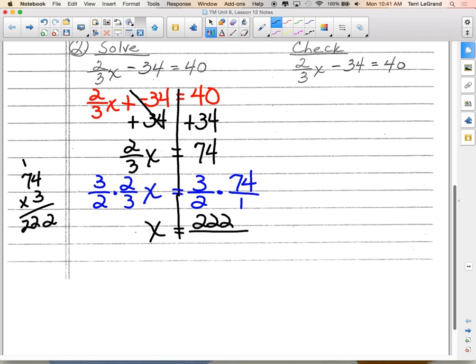You do also? Okay. And what do we have downstairs? 2. Okay, we're going to divide 222 by 2. What is it? 111. Okay, we think the solution is 111.